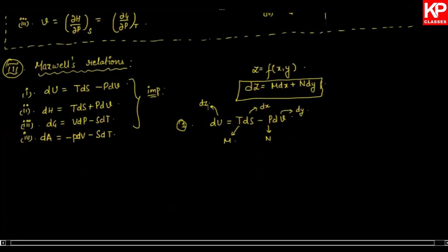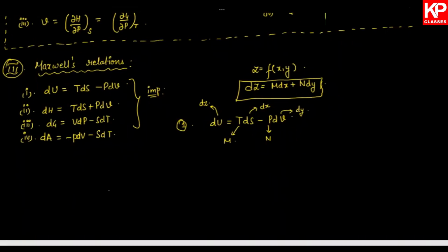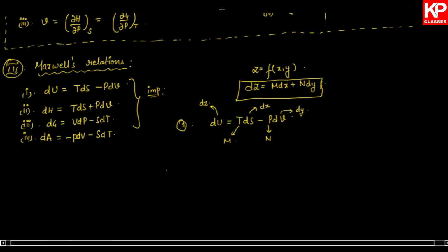What the Maxwell relation says is that it is the representation of the state functions. U is a state function, so you have to satisfy this equation: del M by del y should be equal to del N by del x. For a function to be a state function, this expression should definitely hold true.